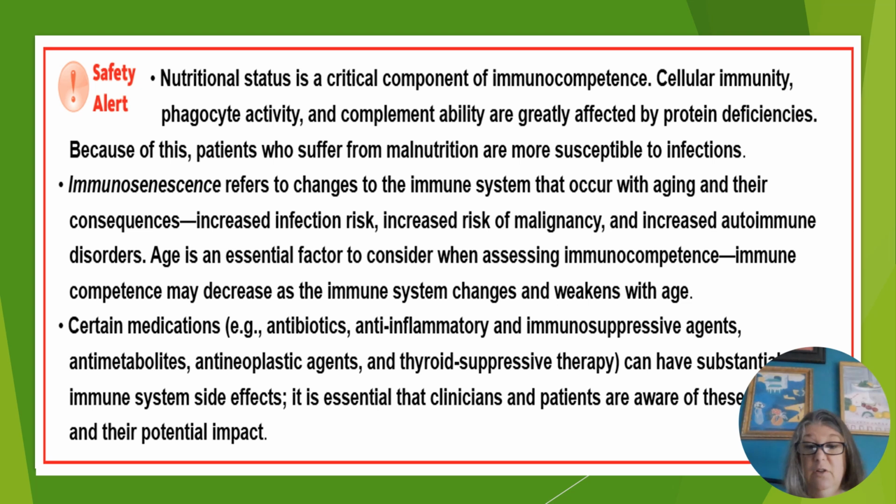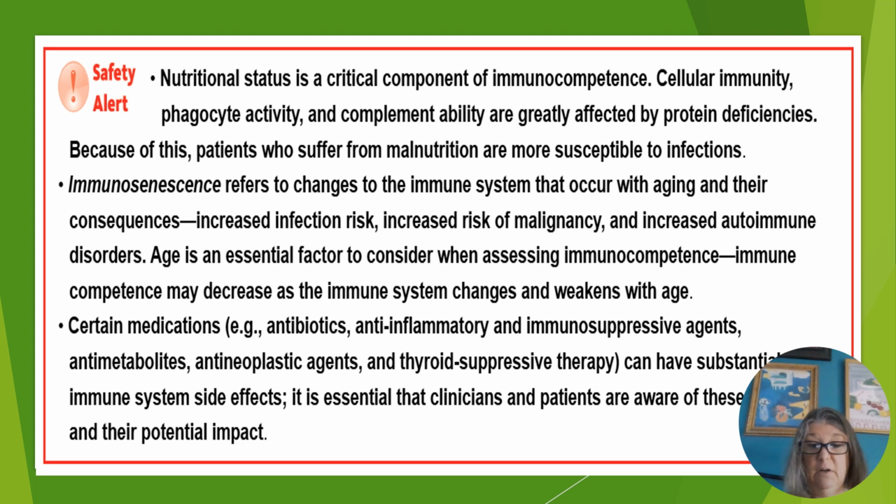This is a safety alert just related to nutritional status. Nutritional status is really important when we're talking immunity, right? And one of the things we always talk about with older people is they tend to be a little on the malnourished side and the dehydrated side. So this is definitely something we're going to want to consider when dealing with older people.